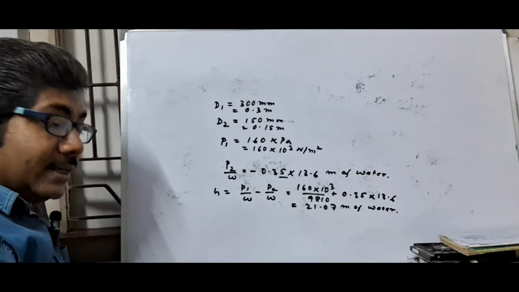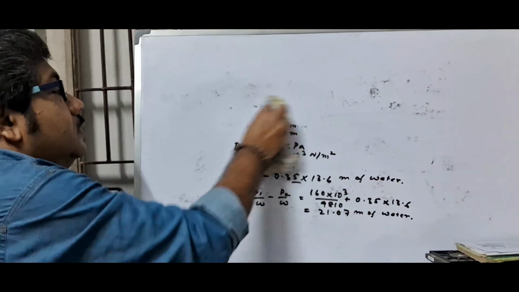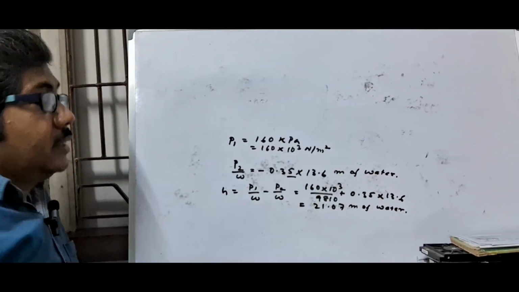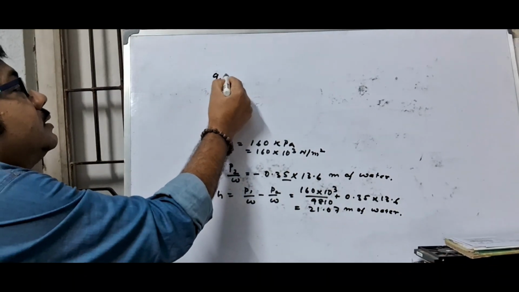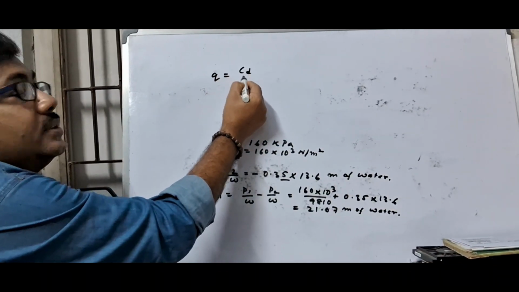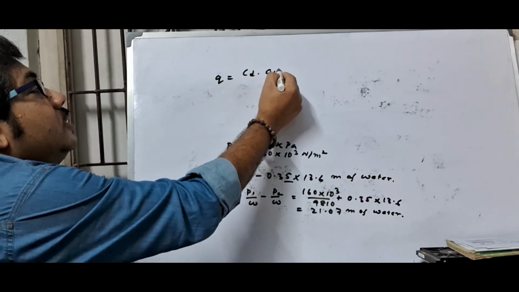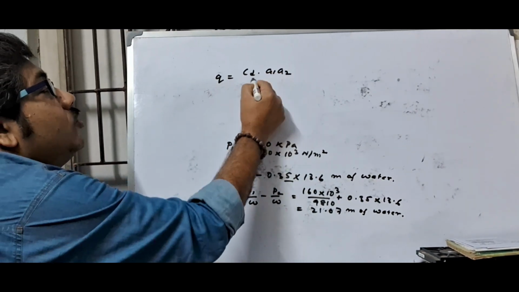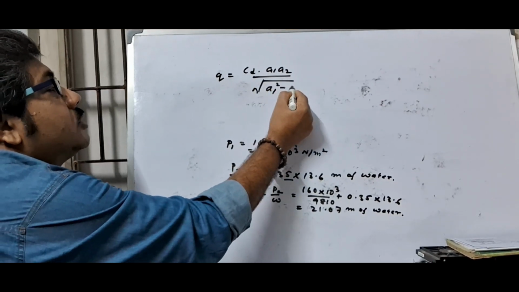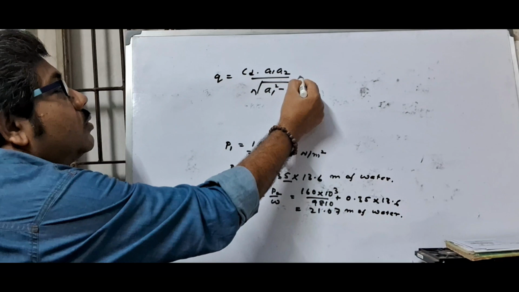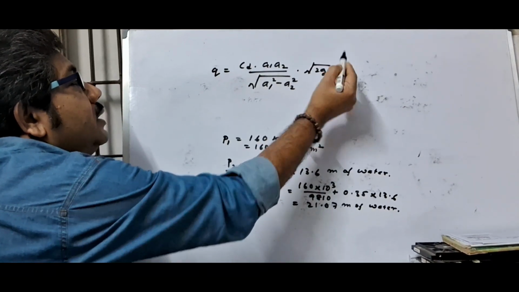Now we have to calculate actual discharge. And we know that actual discharge Q equal to CD, the coefficient of discharge, into A1 A2 by root A1 square minus A2 square, into root 2GH.